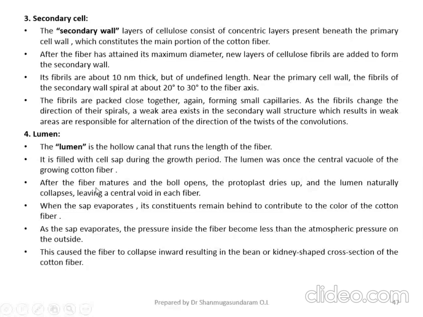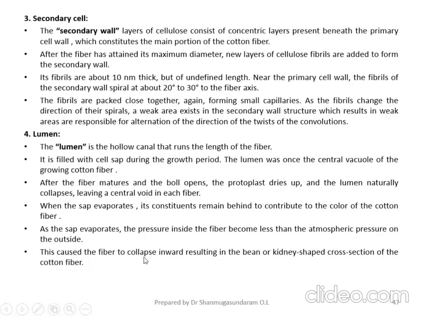After the fiber matures, the boll opens, the protoplasm dries up, and the lumen naturally collapses, leaving a central void in each fiber. When the sap evaporates, its constituents remain behind to contribute to the color of the cotton fiber. As the sap evaporates, the pressure inside the fiber becomes less than the atmospheric pressure on the outside.